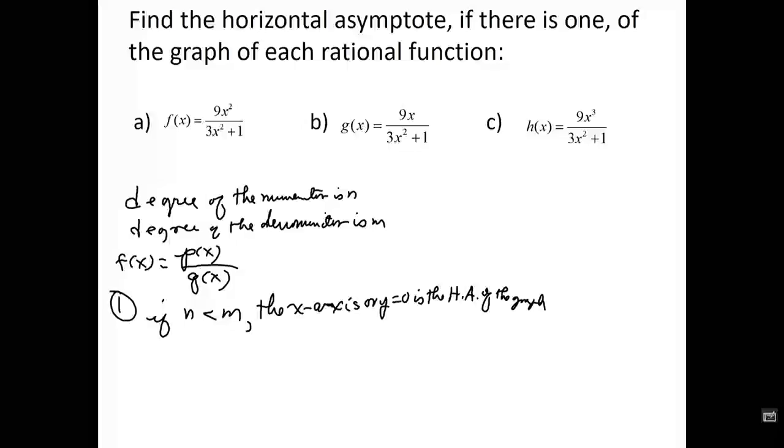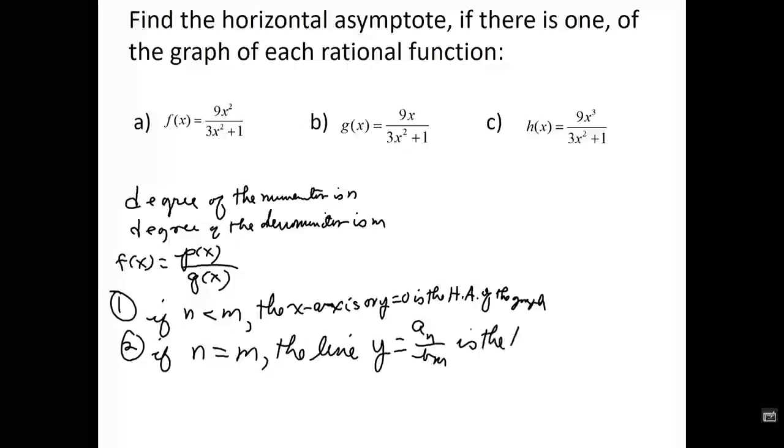On the other hand, if n is equal to m, the degree of the numerator is the same as the degree of the polynomial function in the denominator, then the line y is equal to the leading coefficient in the numerator divided by the leading coefficient in the denominator is the horizontal asymptote of the graph.